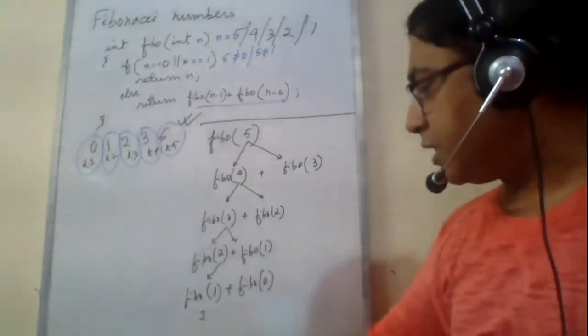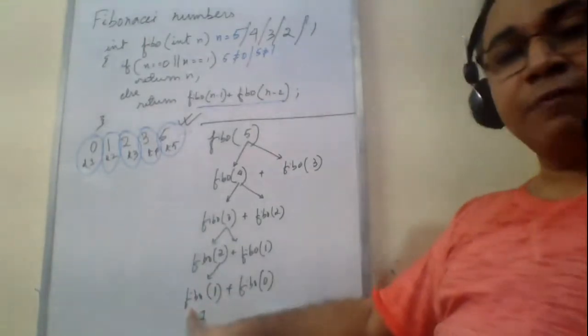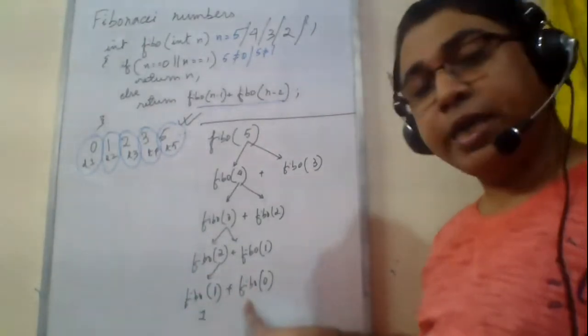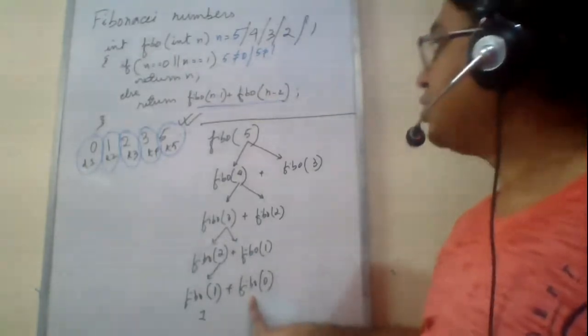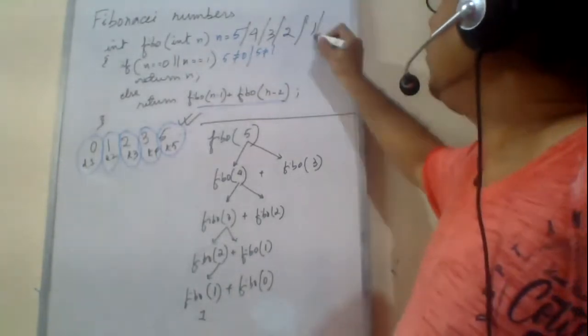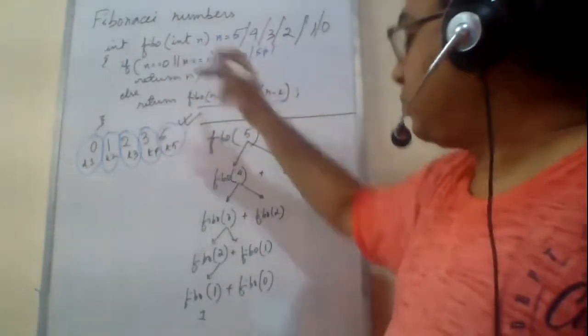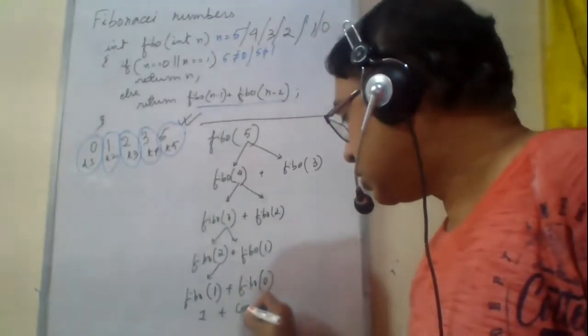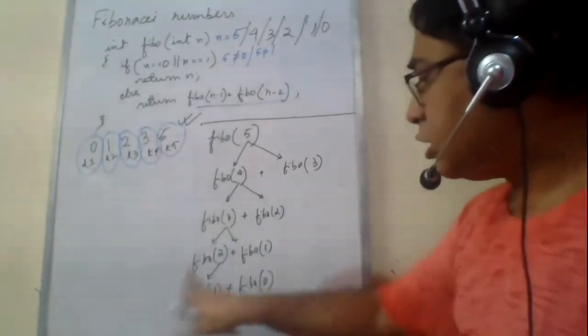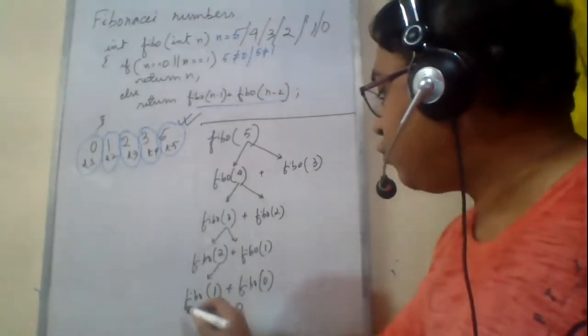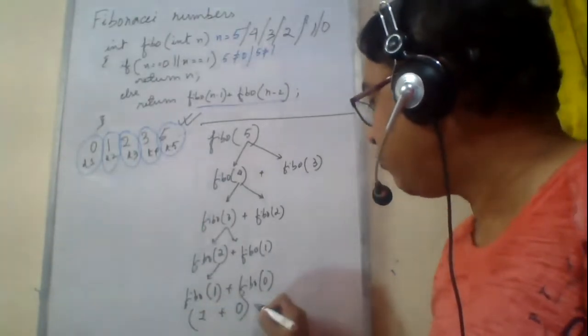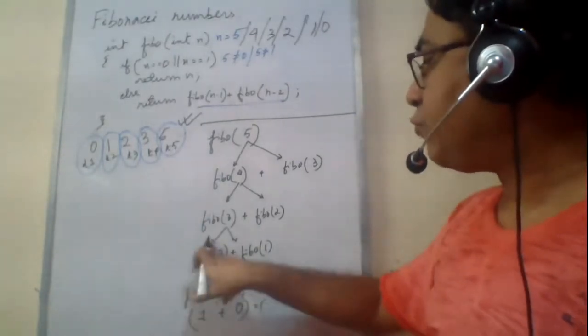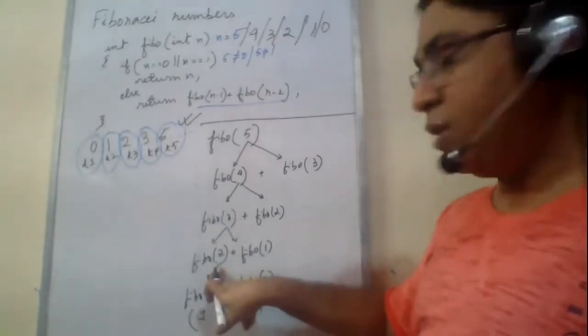So my left side is completed. Now with this left side, there is another right side function call, Fibo of 0. Now it will get the value 0 and return 0. This complete function will give you a value of 1.